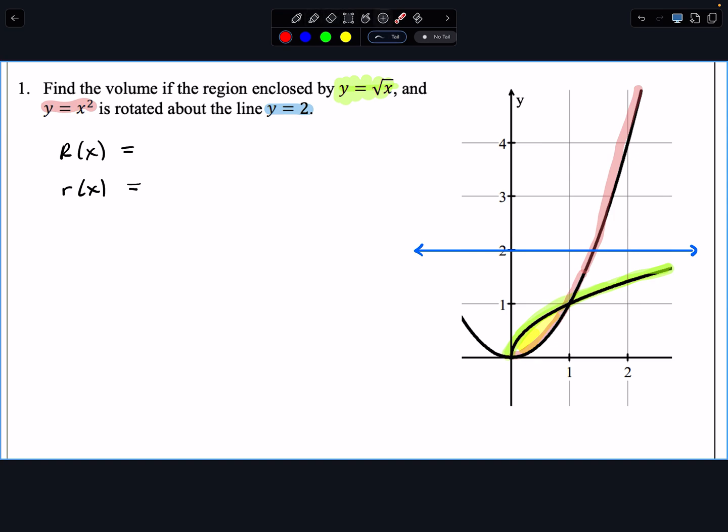So if I'm rotating this enclosed region around this line, I'm going to draw a radius from the line I'm rotating around to the x squared. And then I'm going to draw a radius from the line I'm rotating around to the square root function.